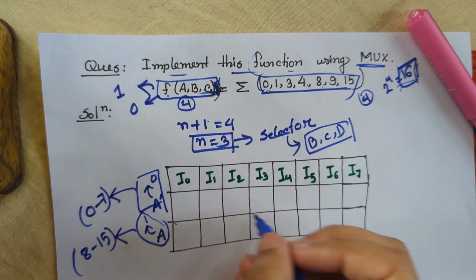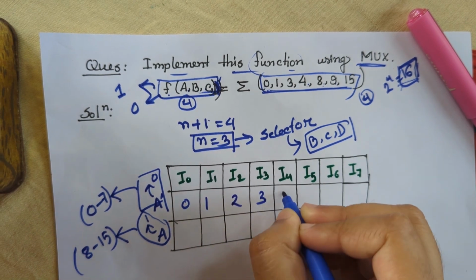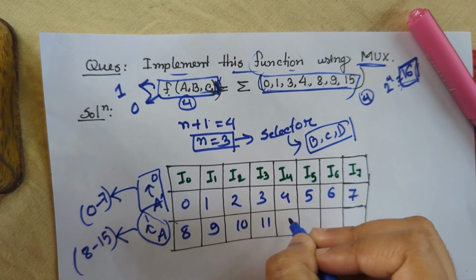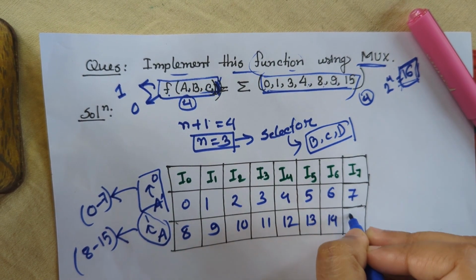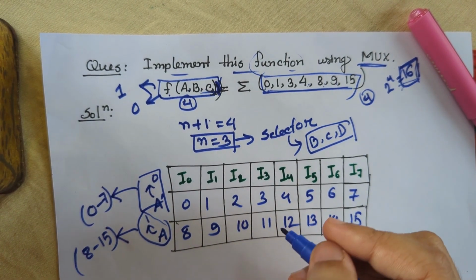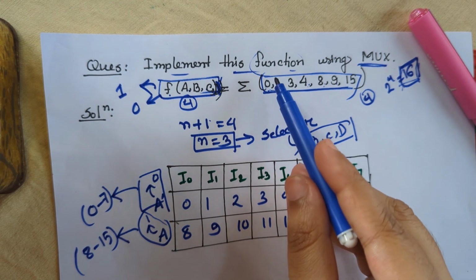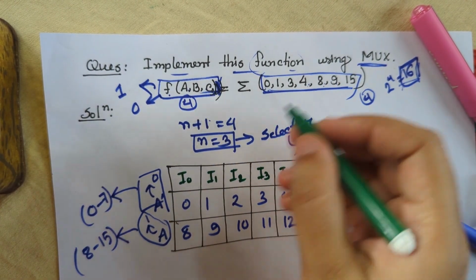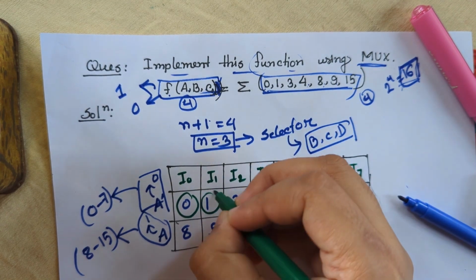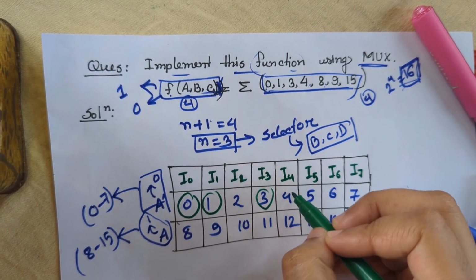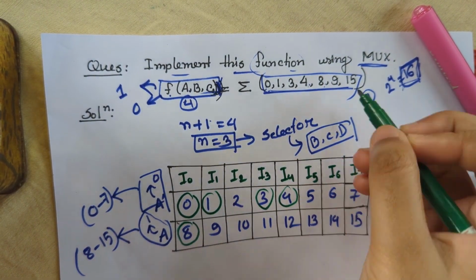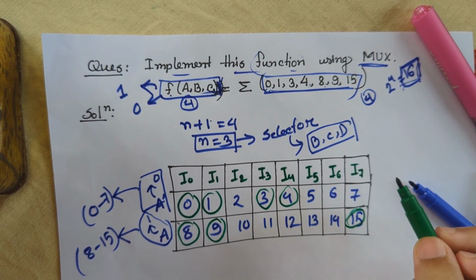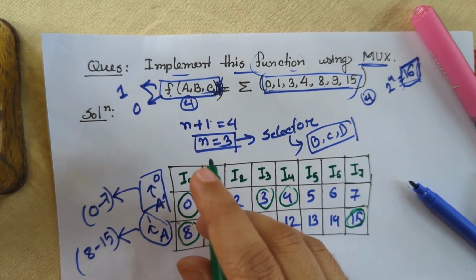So here the combinations will be 0, 1, 2, 3, 4, 5, 6, 7, 8, 9, 10, 11, 12, 13, 14, and 15. Let's see which minterms are given in our question. We only need those minterms. Let's indicate that: here is 0, then 1, then 3, then 4, 8, 9, and 15. Those minterms are needed for the output of this required function.